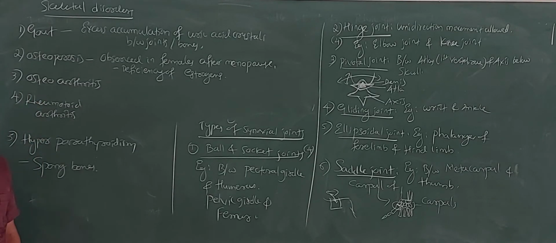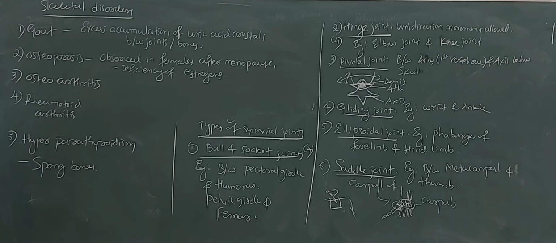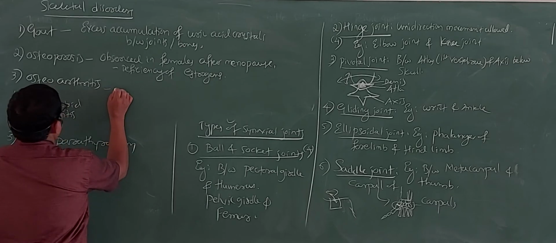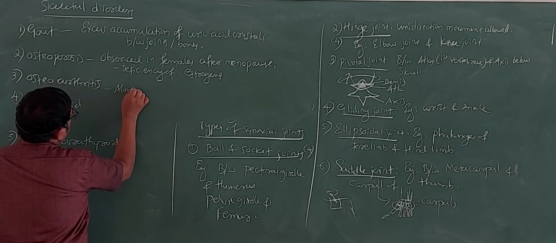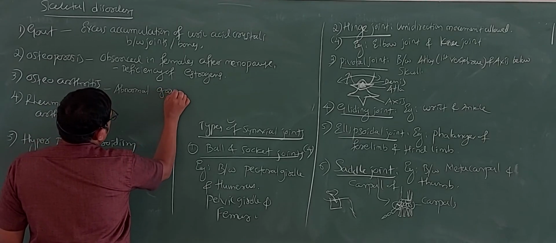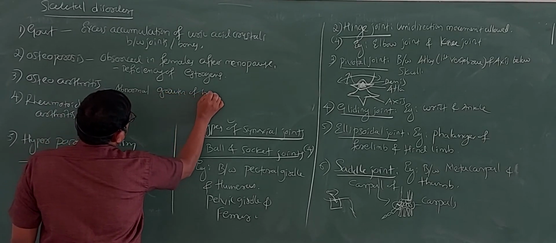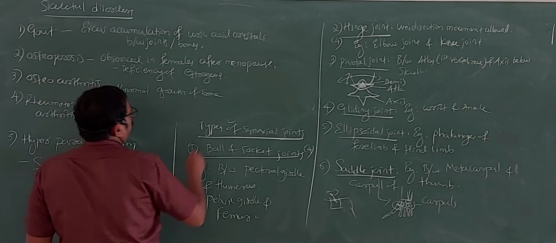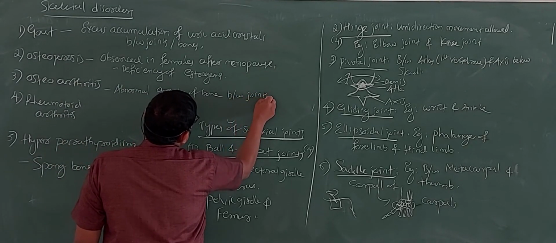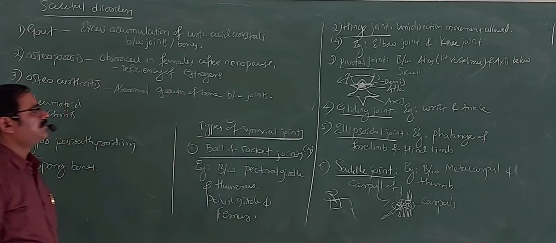Bones become weak, bone density decreases, and they are highly sensitive to any kind of bone fracture. That is called osteoporosis. Then osteoarthritis is the abnormal growth of bone between the joints. This is a kind of osteoarthritis.